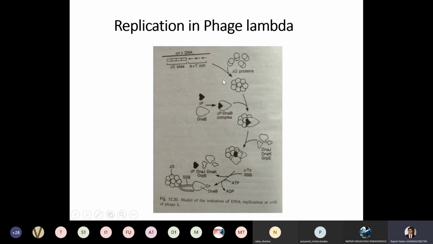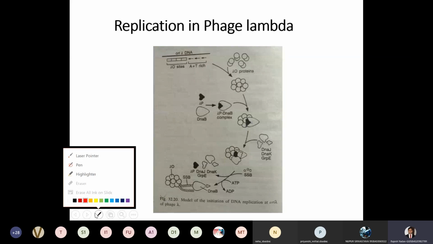In the initiation process, the first protein that comes into the phage lambda virus is the lambda O protein. So this is the lambda O protein coming here, and it binds with the DNA.